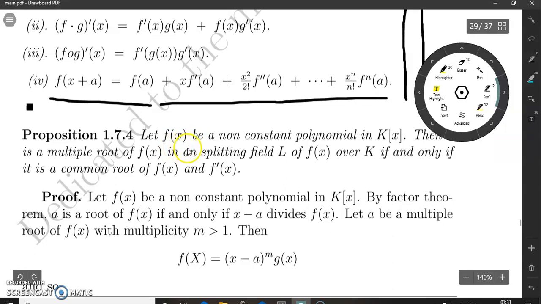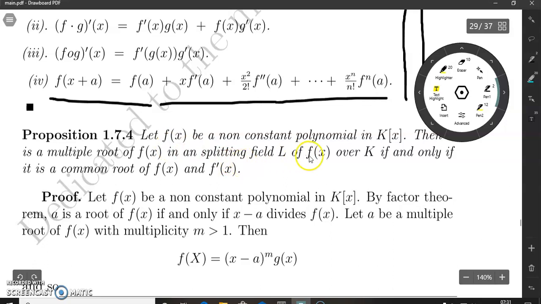So just remember that. For example, if you consider the polynomial (x minus 3) whole square into (x square plus 1), then we observe that (x minus 3) square divides this polynomial, but (x minus 3) whole power 3 does not divide this polynomial. It means the multiplicity of 3 is 2. So we now come to the result.